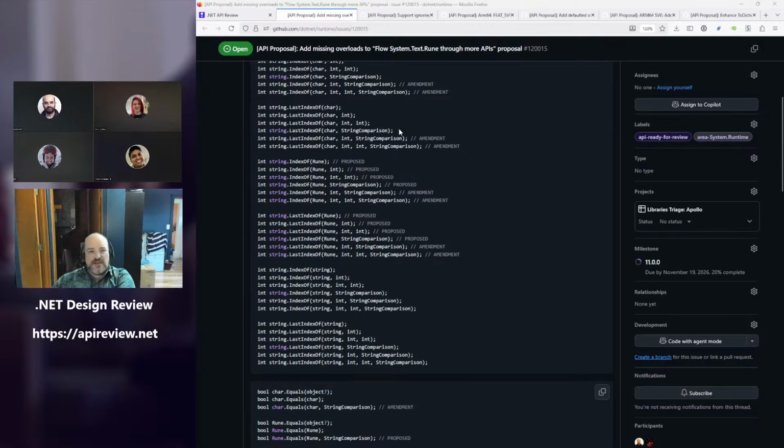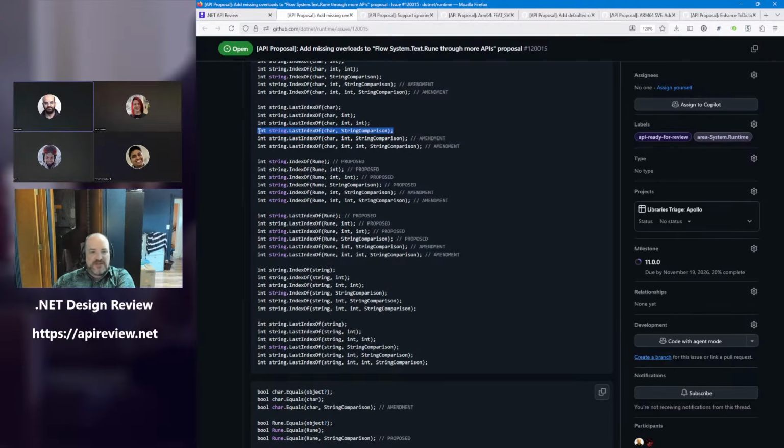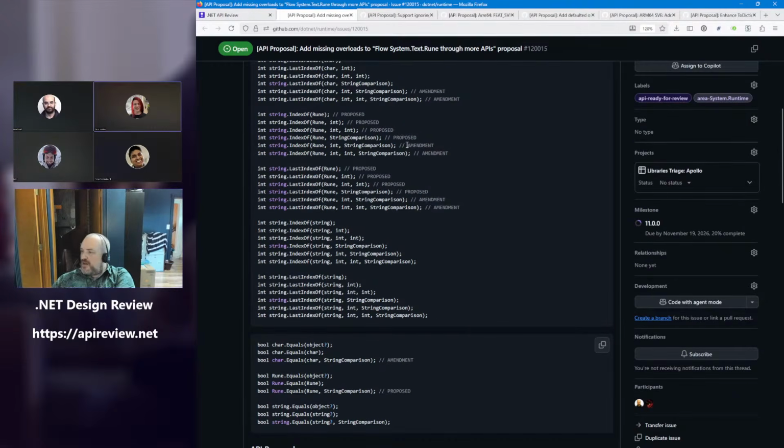Oh, I see. So we already had a single character with a customized string comparison, but you couldn't offset it from 0, or you couldn't limit it to the first half. Right. So this proposal is just adding extra overloads to handle the start index and the count.